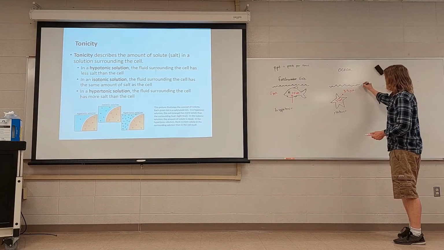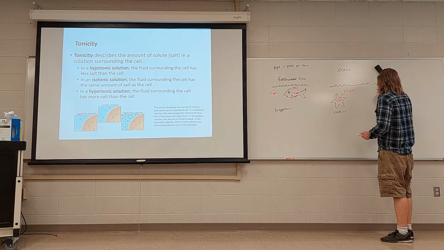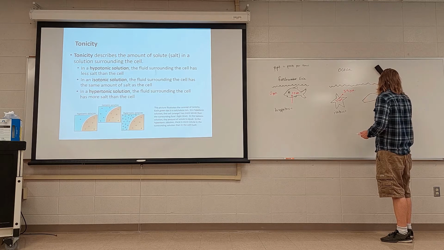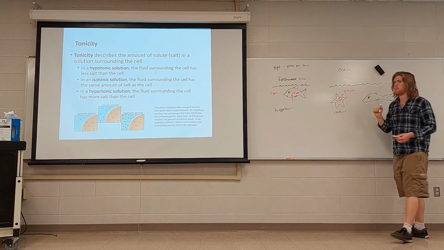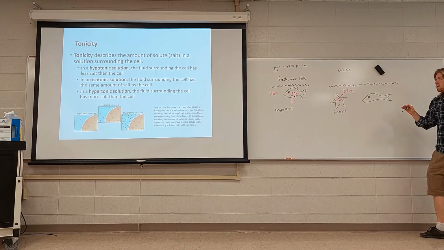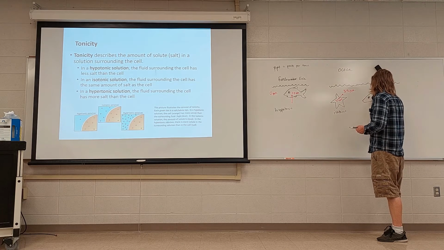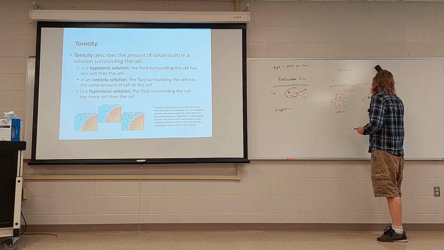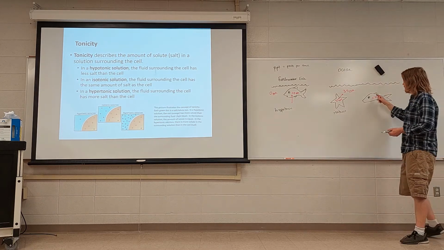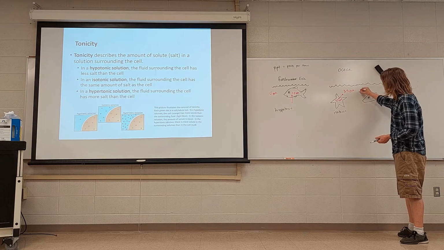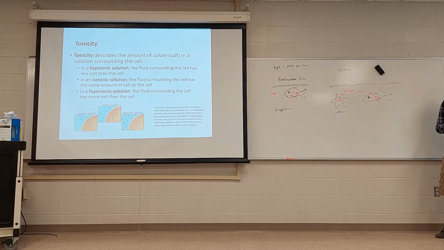Saltwater fish, on the other hand, saltwater fish, terrible picture of a fish. Saltwater fish, they live in the same environment, but they have less than 35 parts per thousand in their tissues, which means water is attracted to the saltier seawater and leaves their body.